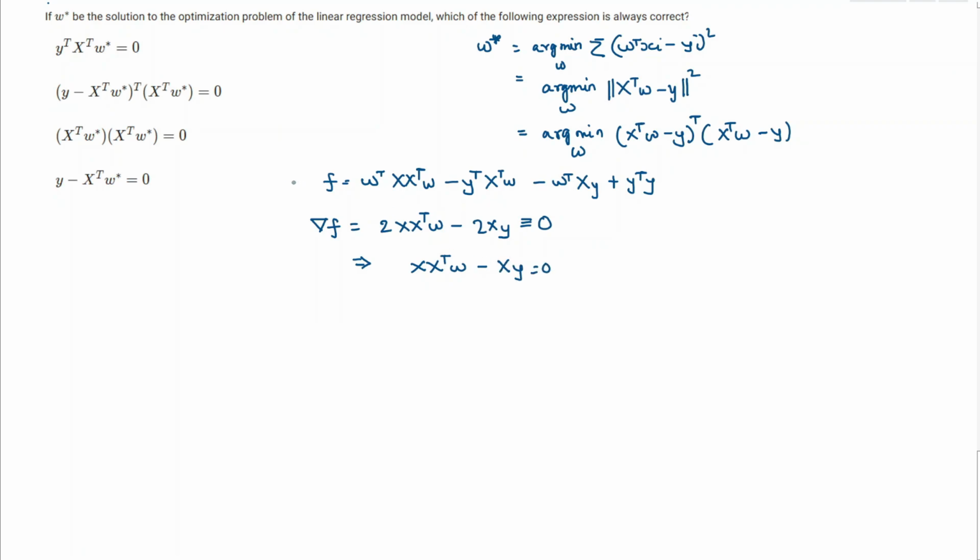Now observe that we have some similar expression in one of the options. To obtain that, what we have to do is multiply on the left by W transpose, right? So that would give us W transpose x x transpose W minus W transpose x y is equal to 0.